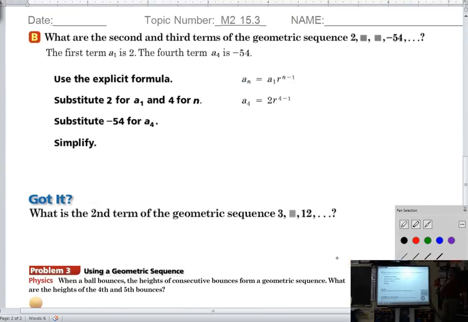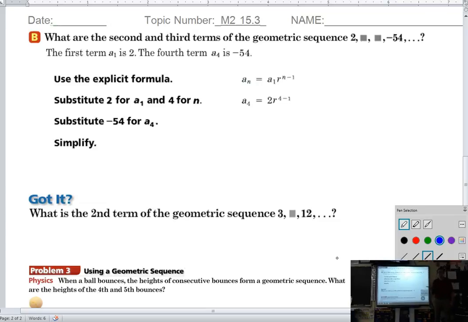They do this a little bit of a different way. So they set up, we know the first term is 2, fourth term is negative 54. So we don't know our common ratio yet, but we do know our explicit formula. So then we can plug in, if we know the term value and we know the n value.